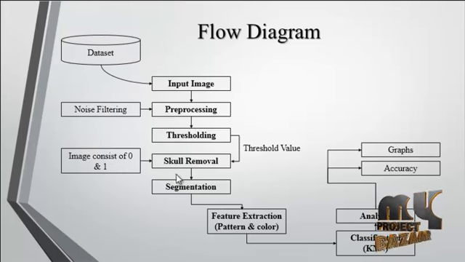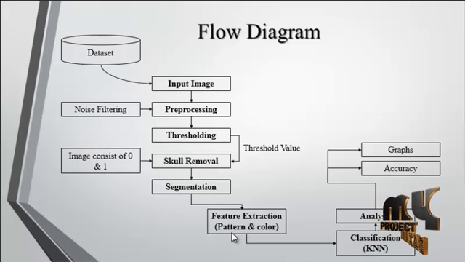After the skull stripping, segmentation is carried out. In this segmentation part, the tumor is segmented, that is, tumor extraction is carried out and the other backgrounds are eliminated. After the tumor extraction, feature extraction is carried out by using patterns and colors.